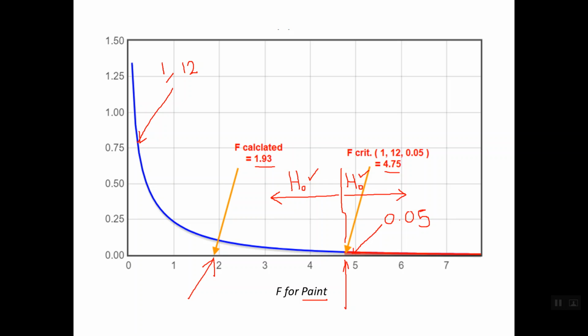So we conclude that there is no significance for the first factor, which is the paint, which means that the mean for the first paint is the same as the mean for the second paint.